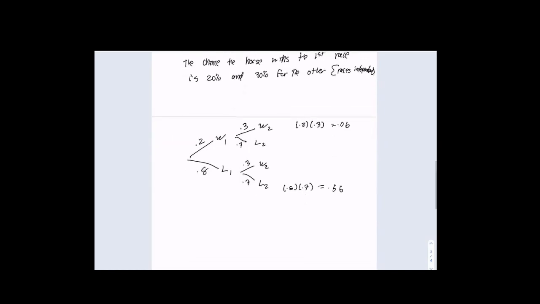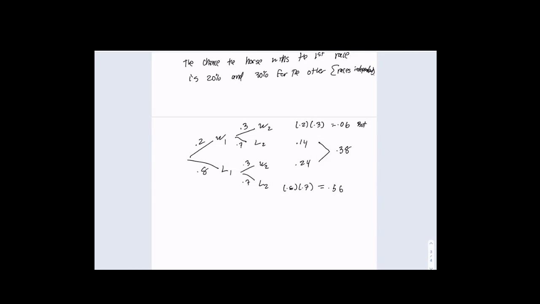You can do the other ones, but you can realize that the sum of these two is 0.62, which means 0.48 for the other ones. If I want to do it, I get a 0.14 and I get 0.24, which together give me 0.38, like I said.